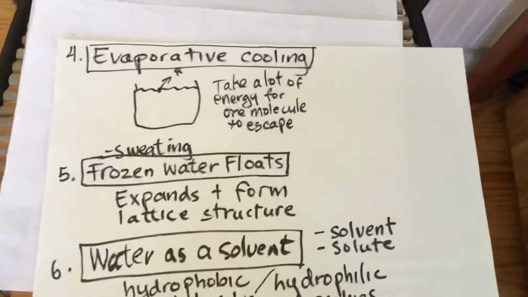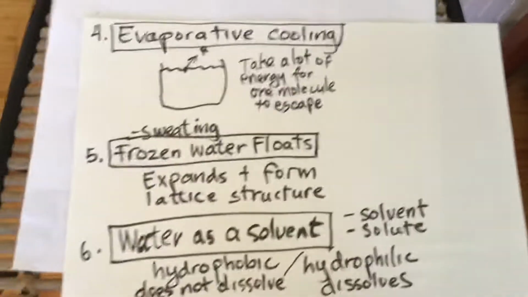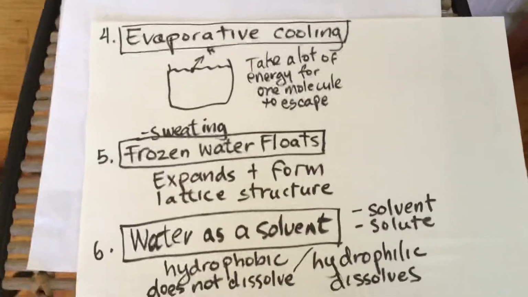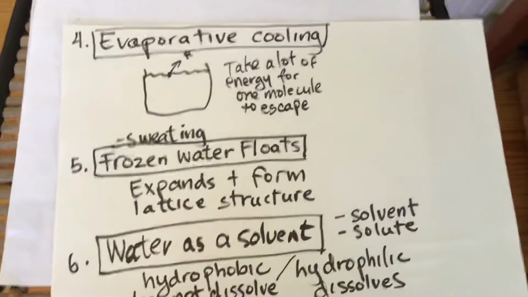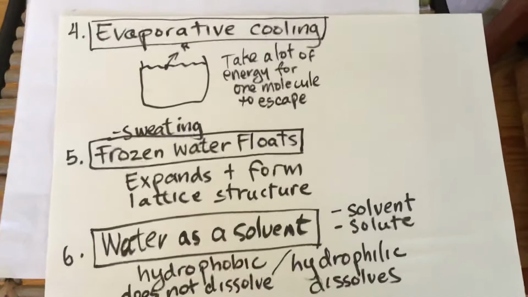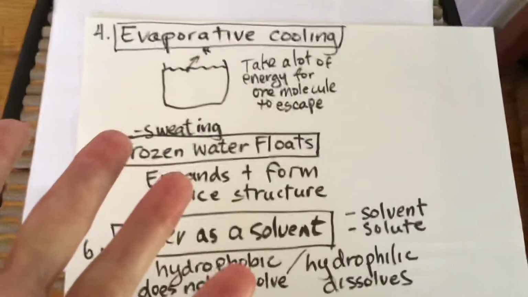Now, the water will evaporate, let's say, for example, even in an air-conditioned room with an open beaker, that water would evaporate eventually. So where does that heat energy come from?